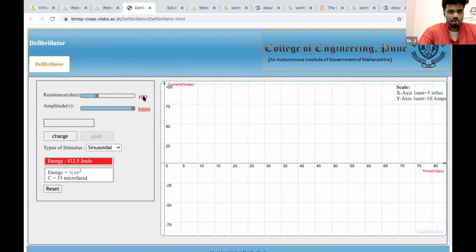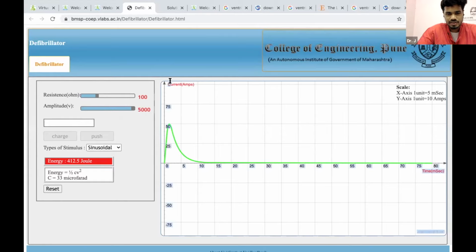If you approximate the body torso as a resistor, it should have roughly this. The voltage you apply is 5 kilovolts. You need to amplify that and apply it. And roughly, the capacitance is this. You charge and then you apply, and you have a signal like this.